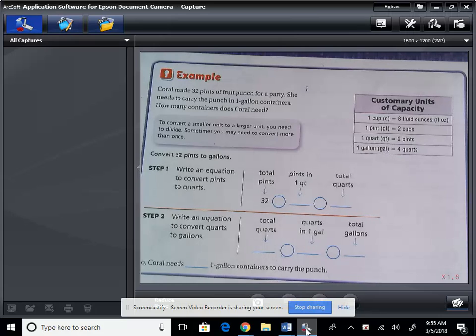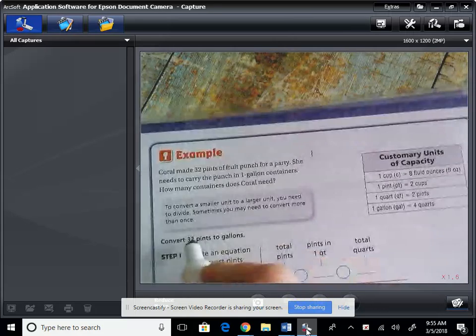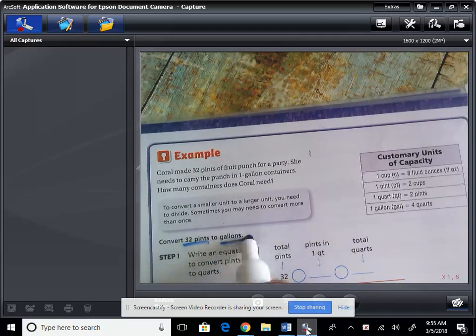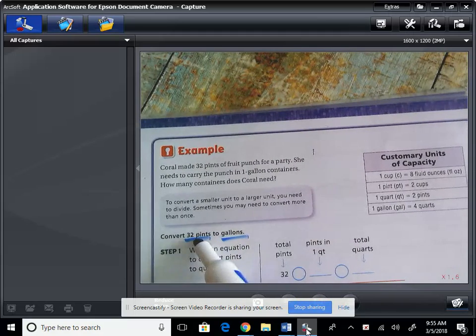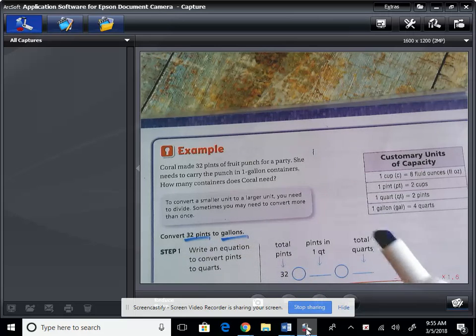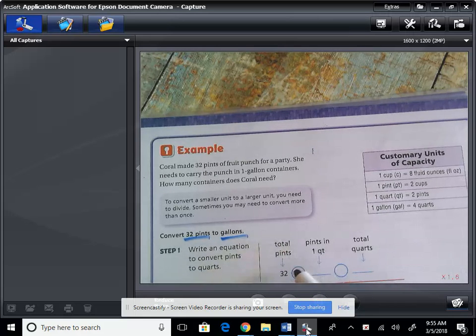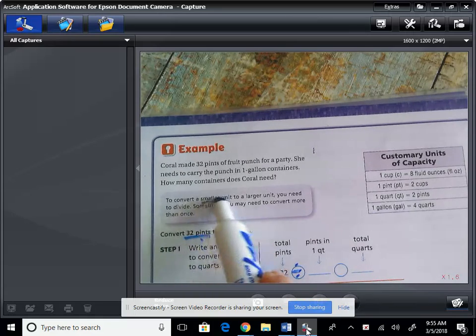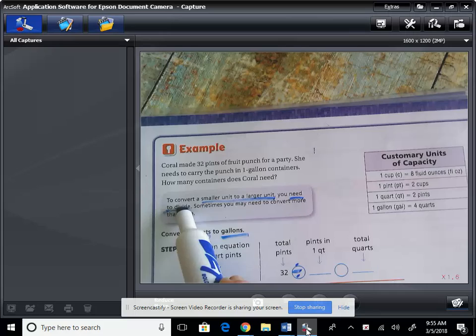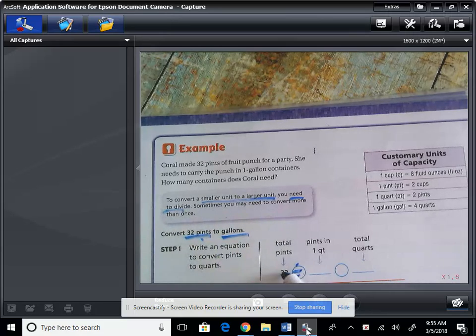So the first thing we have to ask ourselves, we have to convert 32 pints to gallons. So we're going smaller to larger, so we are going to do what? Divide, because when we go smaller to larger, to convert smaller units to larger units, you need to divide. All right, here we go. 32 divided by, how many pints are in a quart?